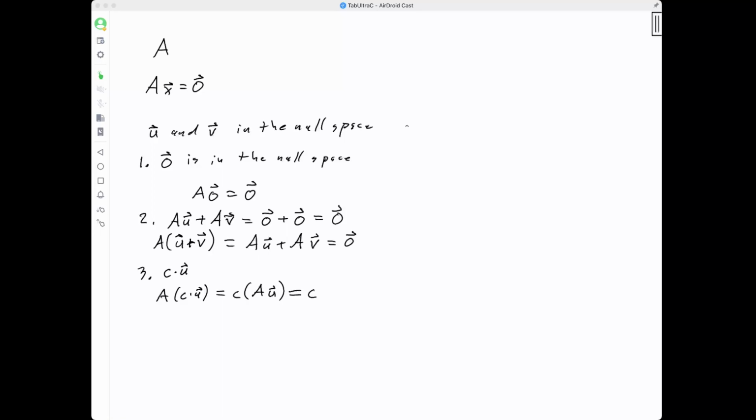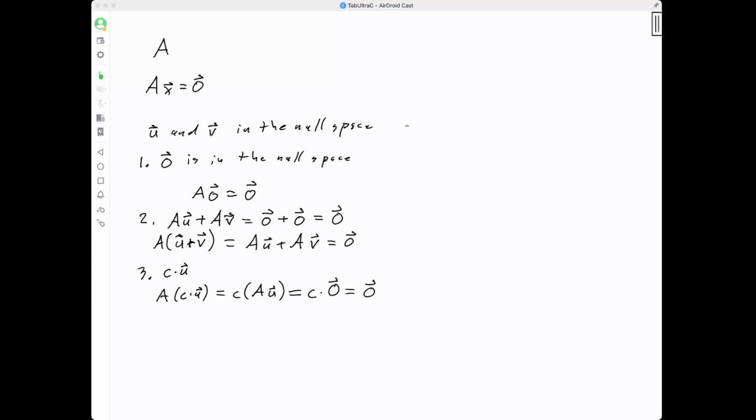So this is C times the 0 vector. But a constant times the 0 vector is just the 0 vector. So C times U is in the null space for all constants. This means that the null space is, in fact, a subspace of whatever space it is.